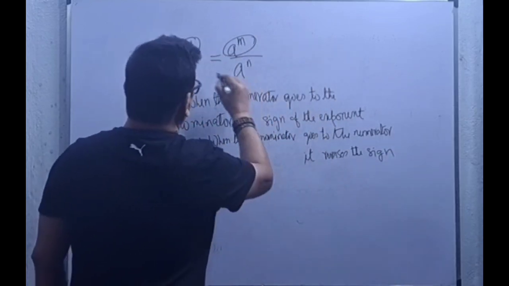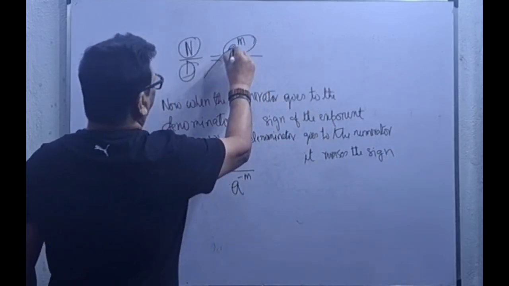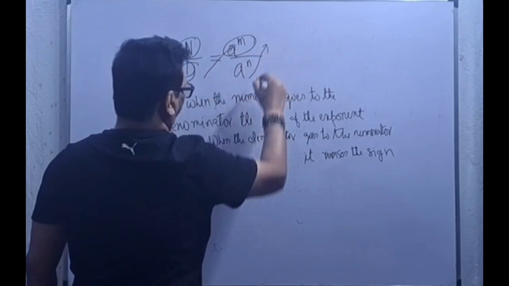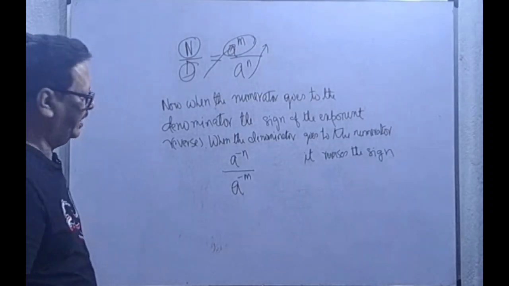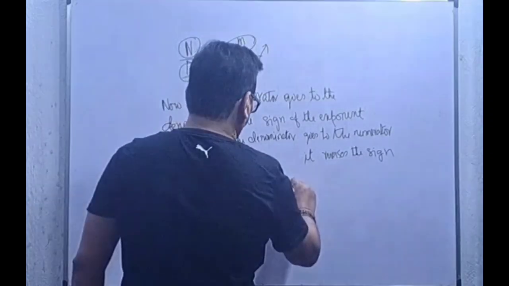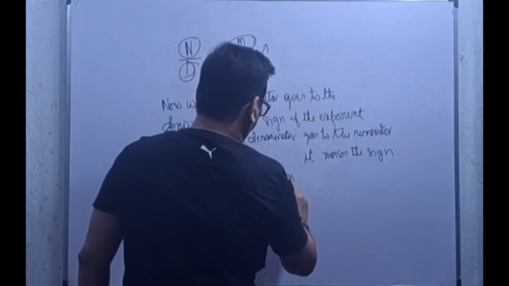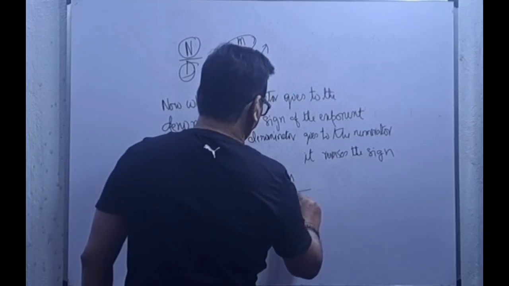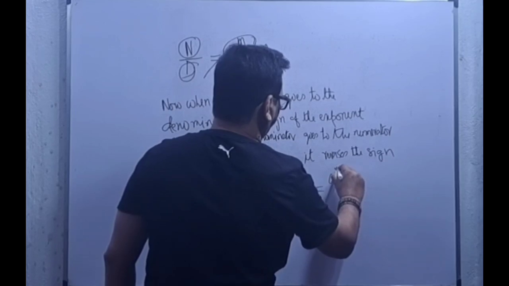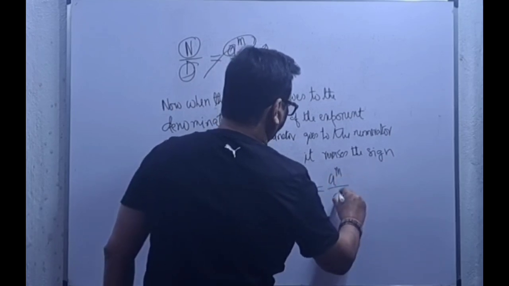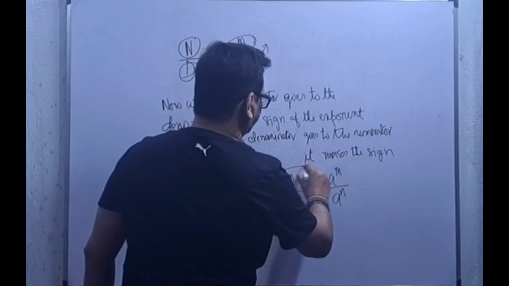So here the denominator goes to the numerator, so this goes up, so a to the power of minus n. So we can write a to the power of minus n divided by a to the power of minus m is equal to a to the power of m divided by a to the power of n. This is the final synopsis.